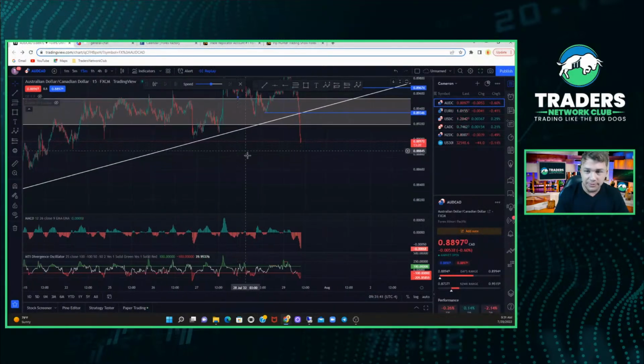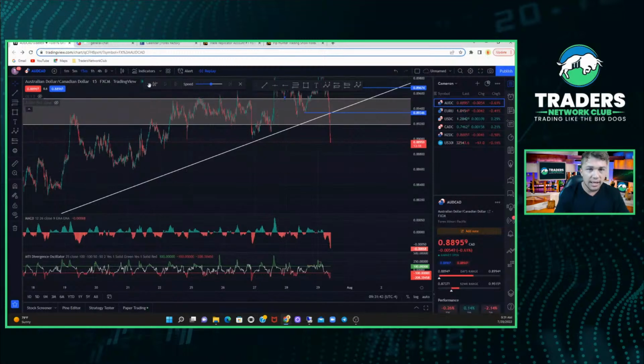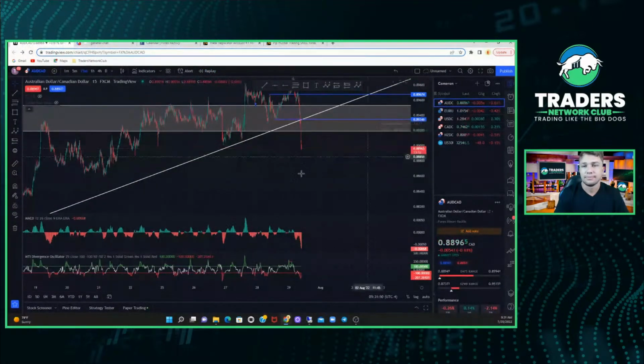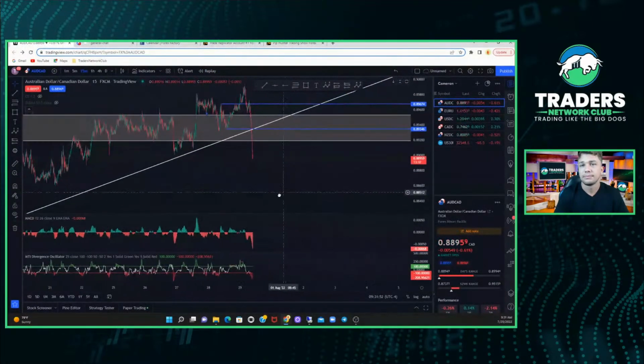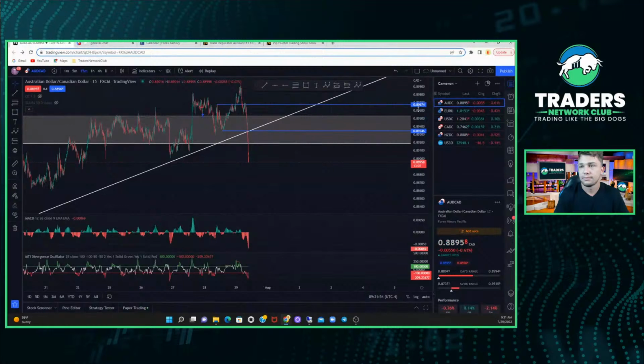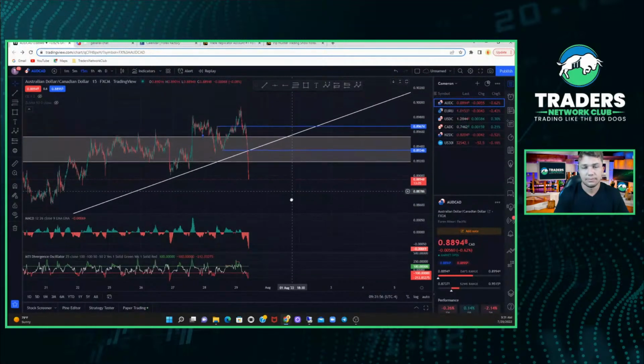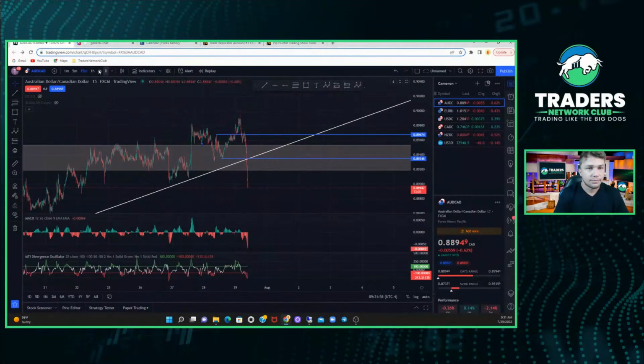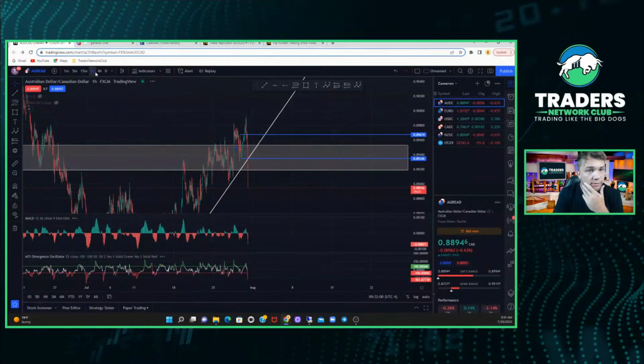All right, so let's go ahead and look at the Aussie CAD here. So I'm going to go to the 1 hour and take a look at the higher time frame.